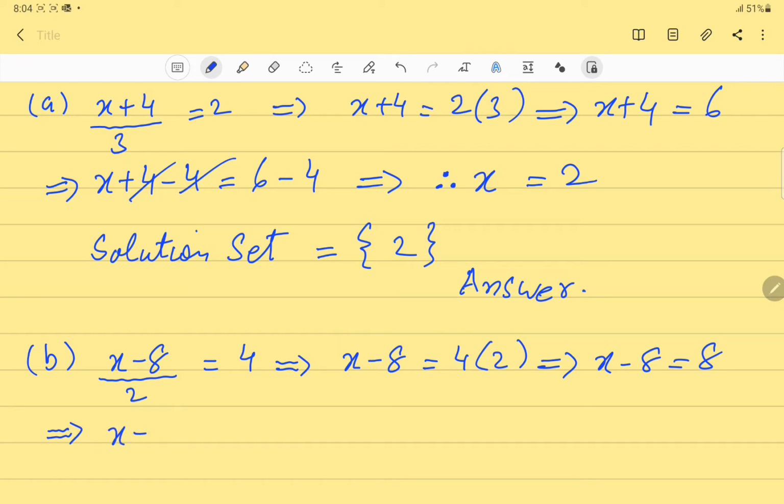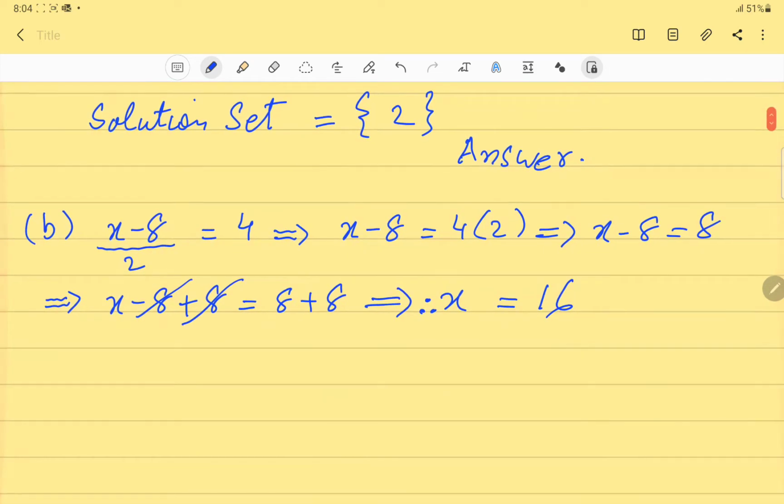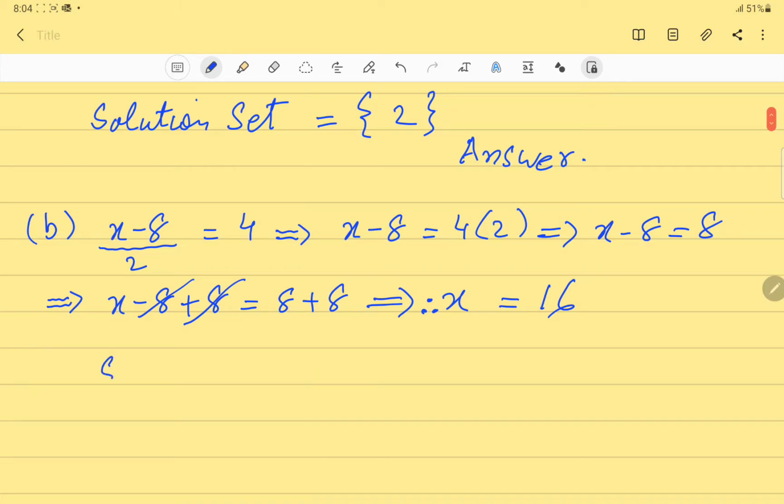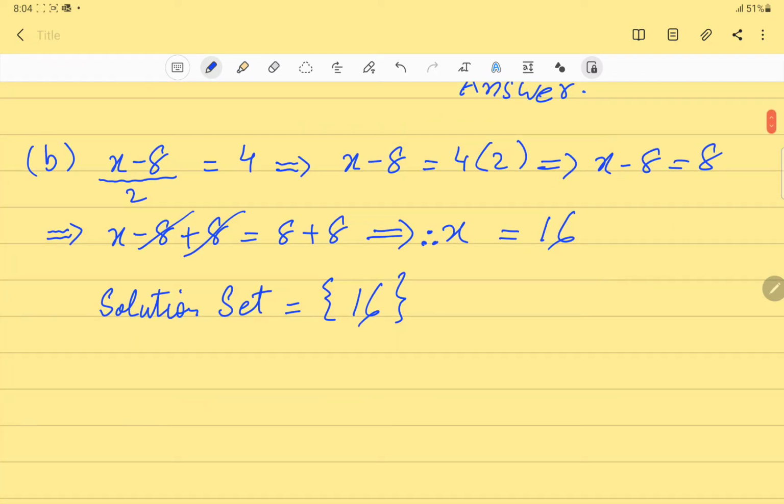We add 8 on both sides. This 8 cancels with this 8. Therefore, x is equal to 16. So the solution set is 16, which is the answer as well.